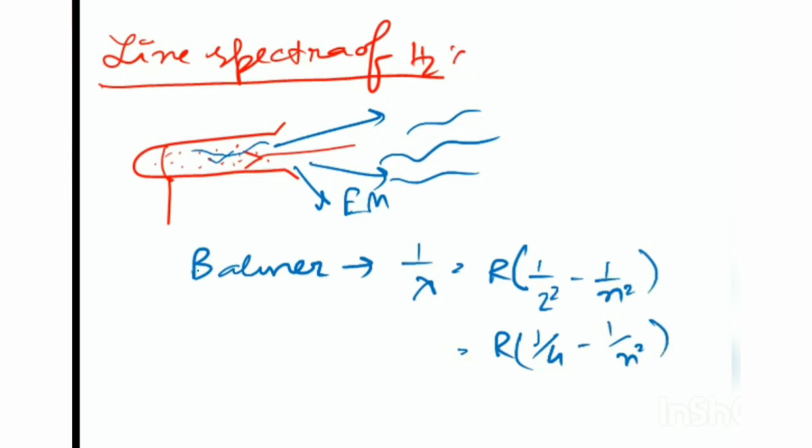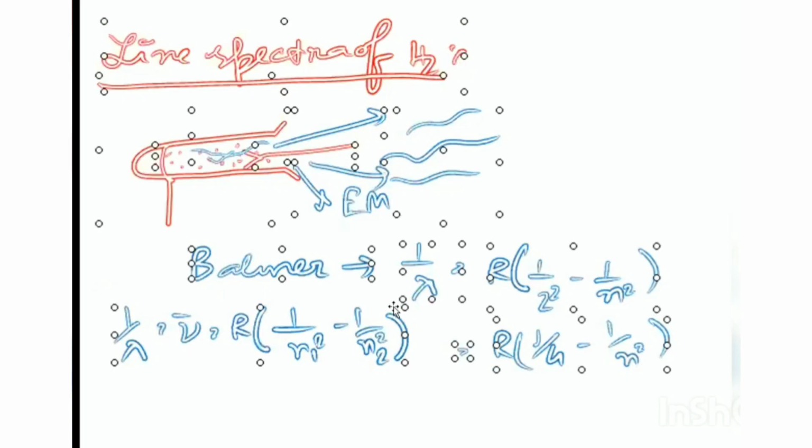Now, later this equation is modified and written as 1 by lambda, or wave number, equal to r into 1 by n1 square minus 1 by n2 square. Many series come from this, and we also have to know the value of r.